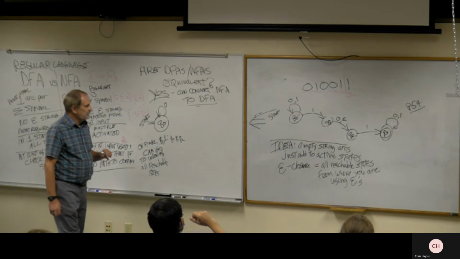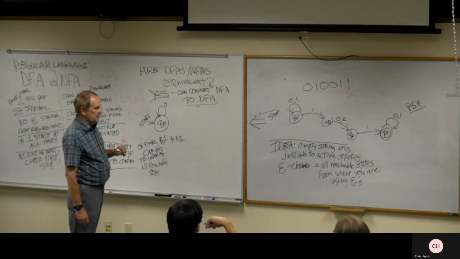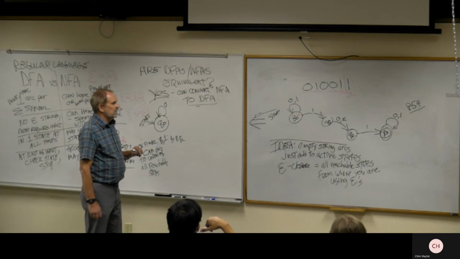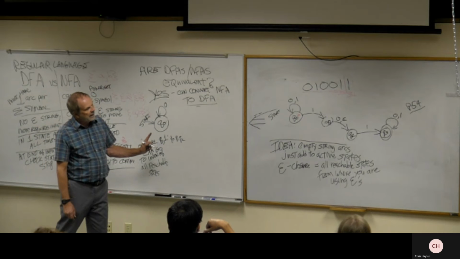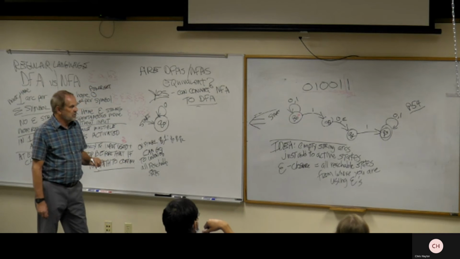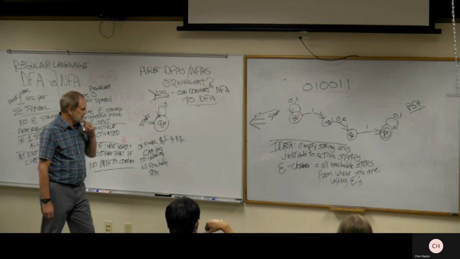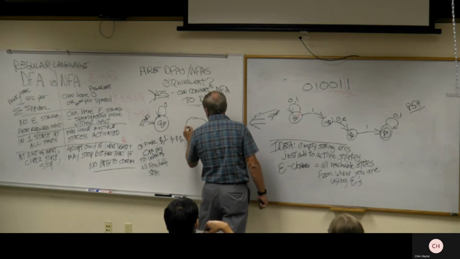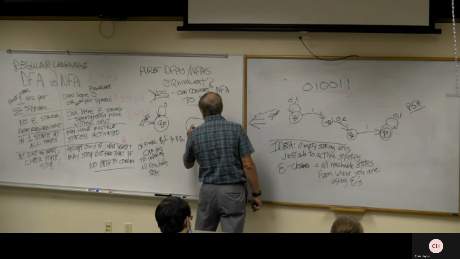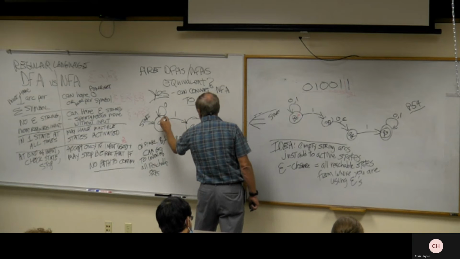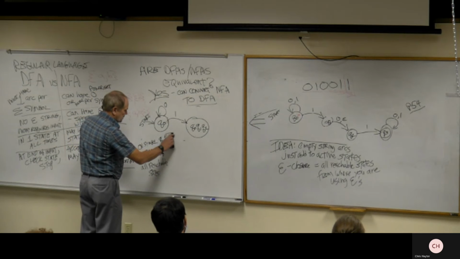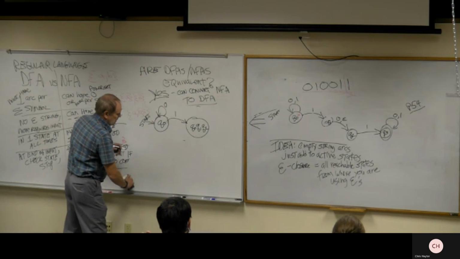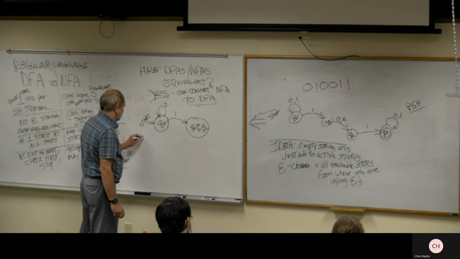So a single 1 can take me to both Q1 and by extension to Q2. And also Q0 loops back on itself. So my next state is all Q0, Q1, Q2 on a 1. Right? So Q0, Q1, Q2, that's kind of tricky on a 0.